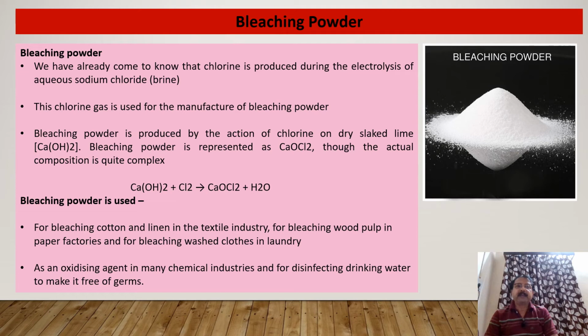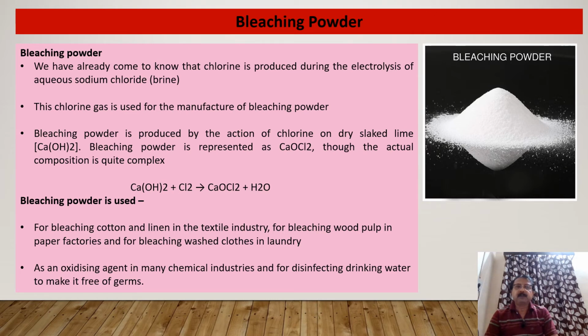This chlorine gas is used for the manufacture of bleaching powder. Bleaching powder is produced by the action of chlorine on dry slaked lime, that is calcium hydroxide.